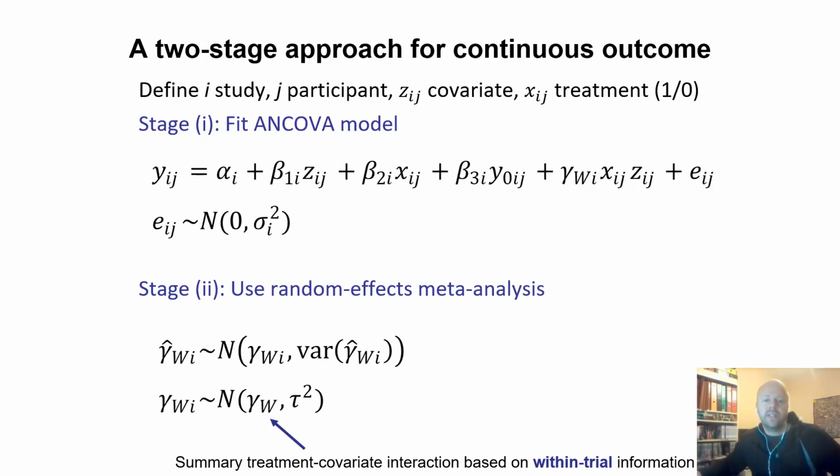On the screen I've got an example for it with a continuous outcome. Essentially in the first stage you'd fit an analysis of covariance type model, adjust for baseline, estimate an interaction term here denoted by gamma W, where W means within trial information, and I'll come back onto that later. And then the second stage you pool the estimates of gamma W across studies to get an overall average interaction between treatment and the covariate of interest.